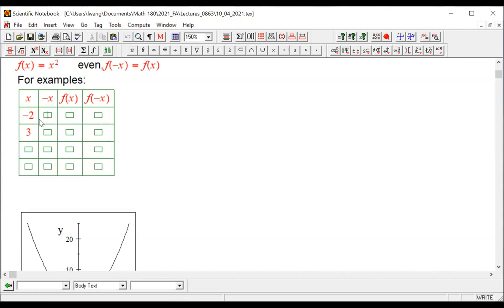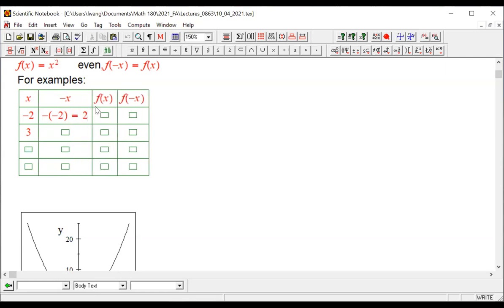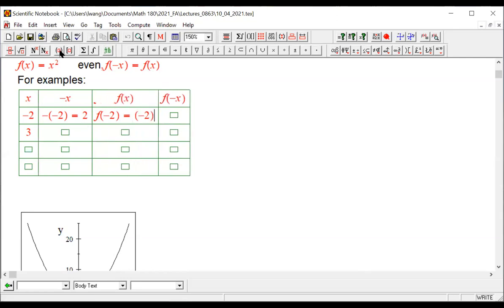Take an example. For the input of -2, negative of -2 is 2. So I'm going to do f of x, which is going to be f of -2, and that's going to be -2 squared.